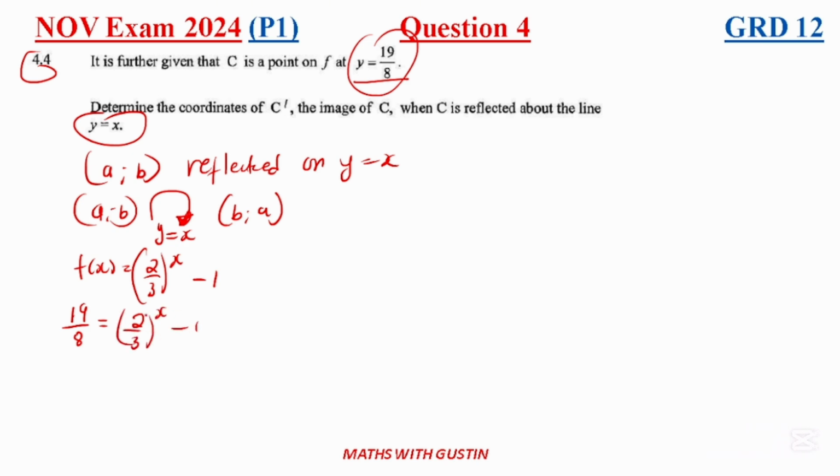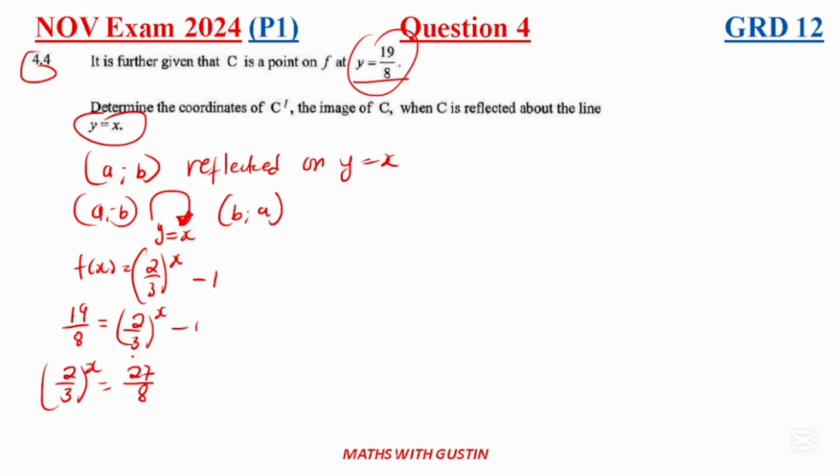Then you take the minus 1, that side is going to be positive 1. In terms of simplification, I will just move on, guys, because you are in grade 12 now, so I'm expecting you to do this. When you take 1 to that side, it gives us 27 over 8.